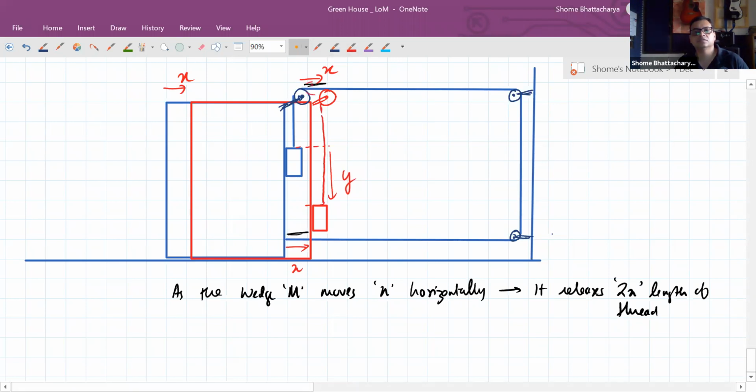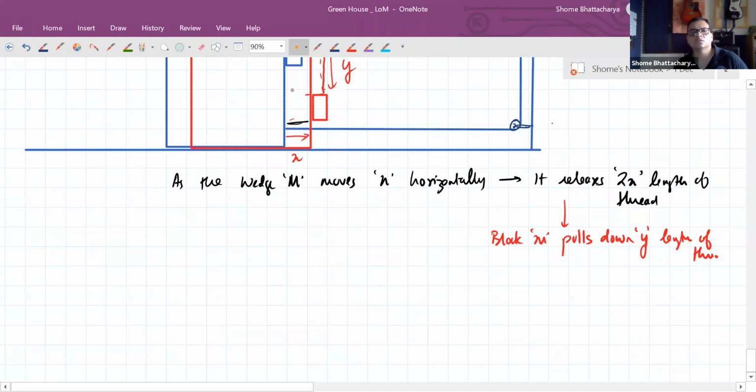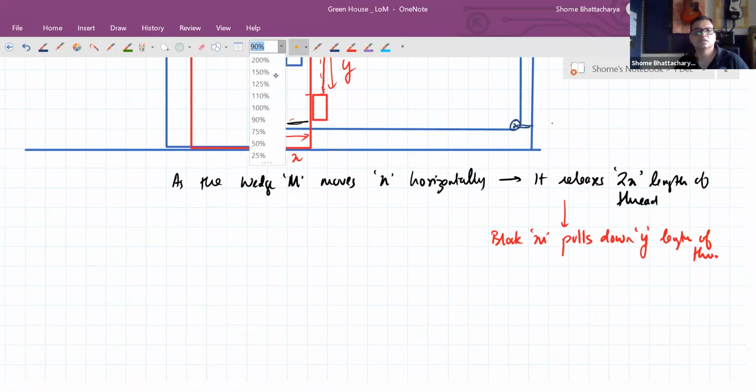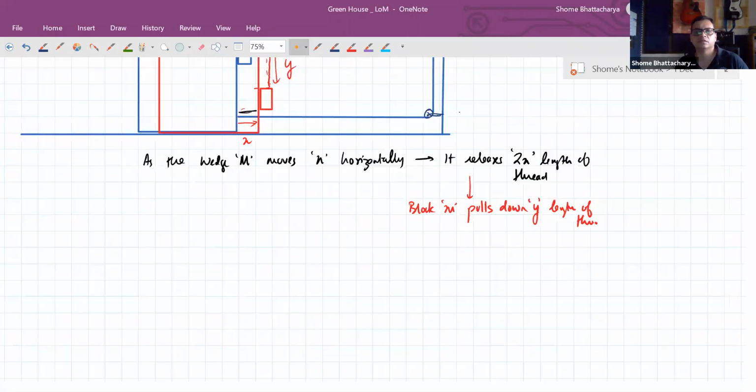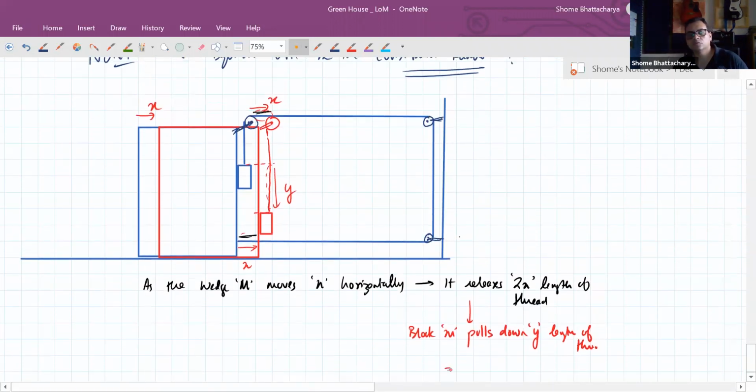So this much length here and this much length here is released. So where is that length going? That's going here. So the block small m pulls down that length of thread. Because the total thread length is constant, whatever thread length this one releases, this has to pull back the same amount of thread. So y has to be equal to 2x.